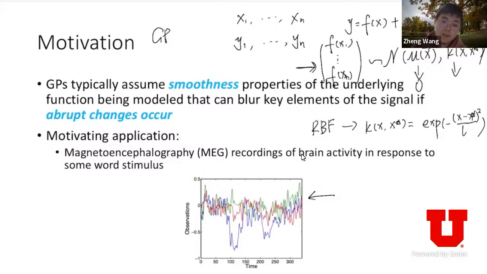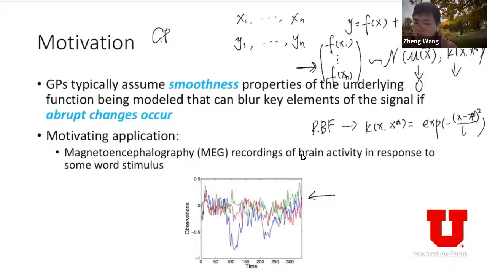In this figure you can see there are many abrupt changes or peaks in this kind of signal, and this kind of data is time series data.